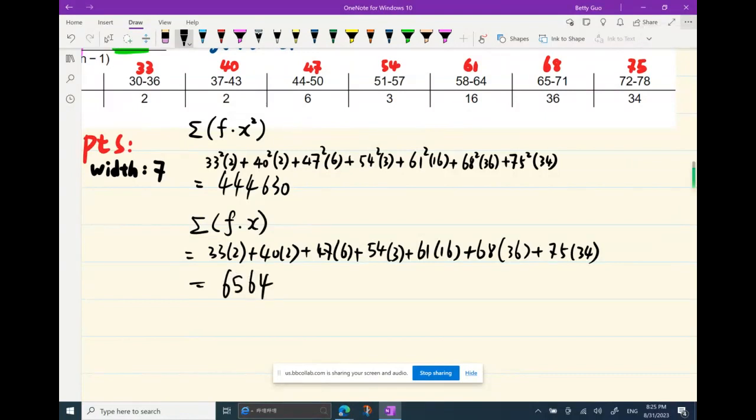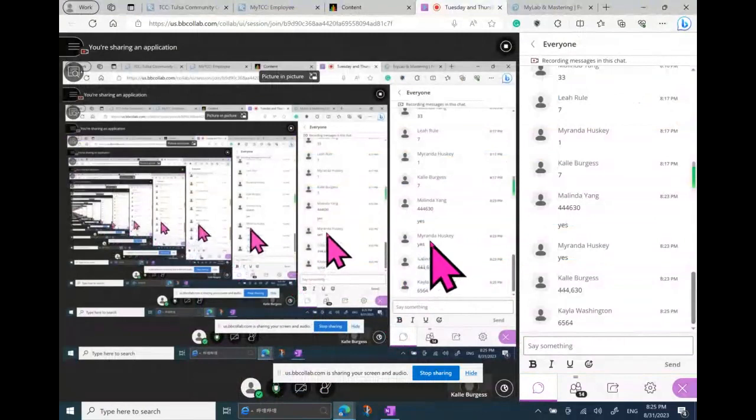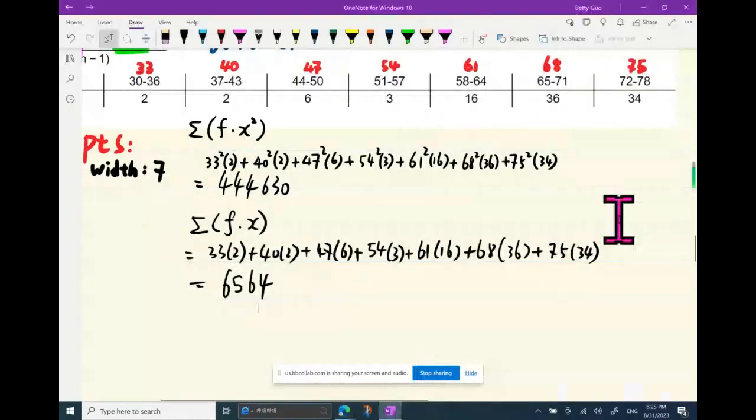Do you have the same thing? From here, it's very important to have a good calculator that you feel comfortable to use.